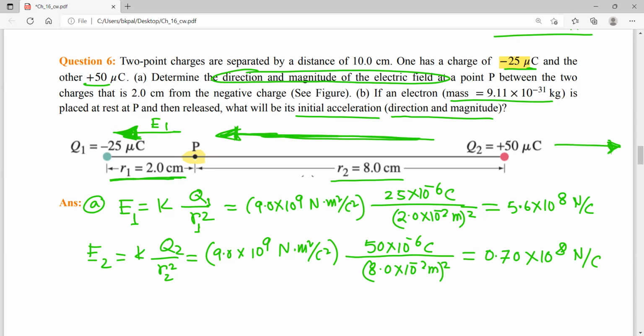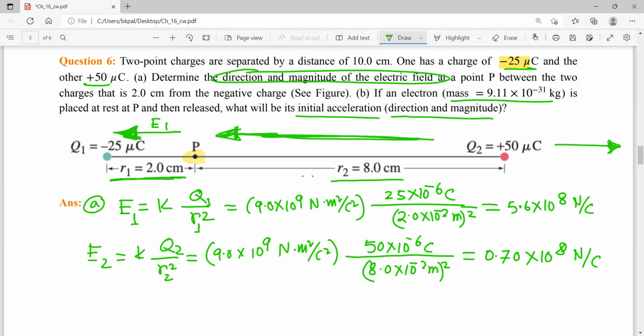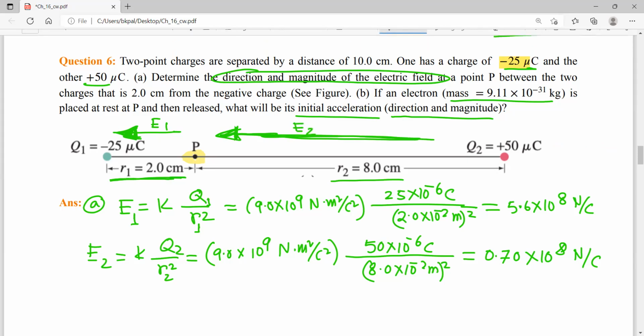So because we are only interested at the point P, we just need to draw these two lines. Okay, so one is for E1 and another is for E2. Okay, so this you can also determine by placing a positive test charge here. Okay, so if you place a positive test charge here, in which direction will it move? Okay, so for example, if I put a positive test charge q0, it will move in this direction.